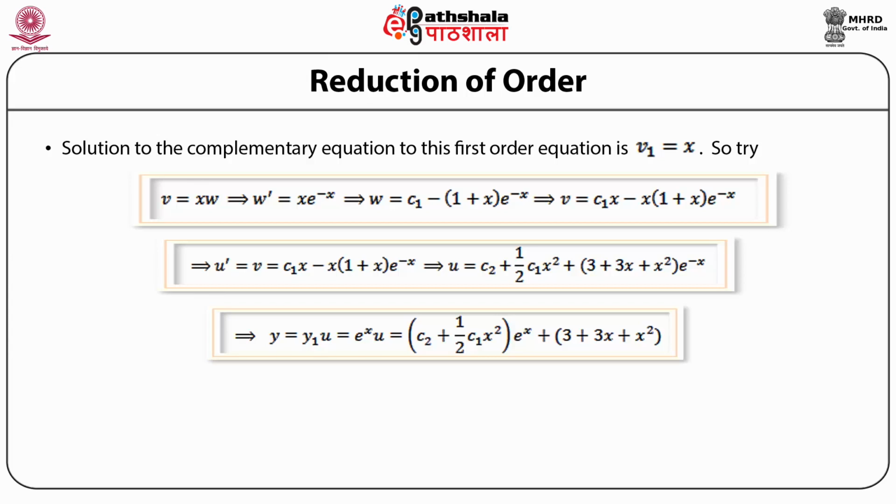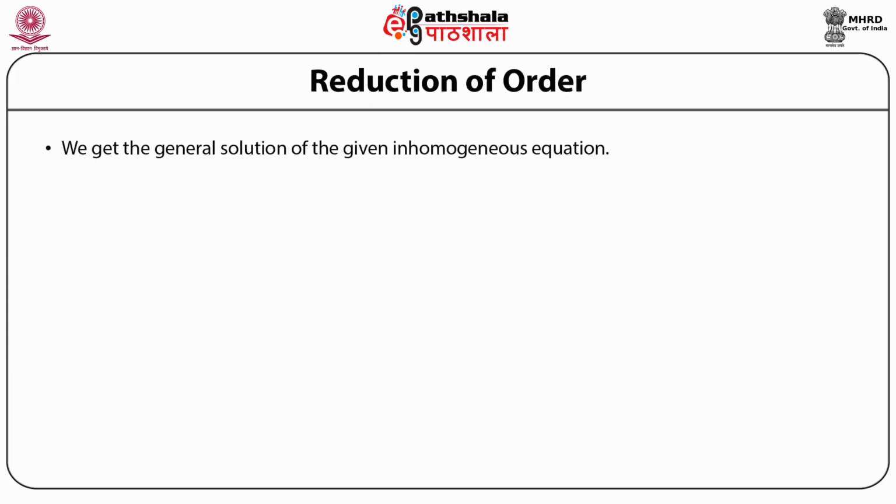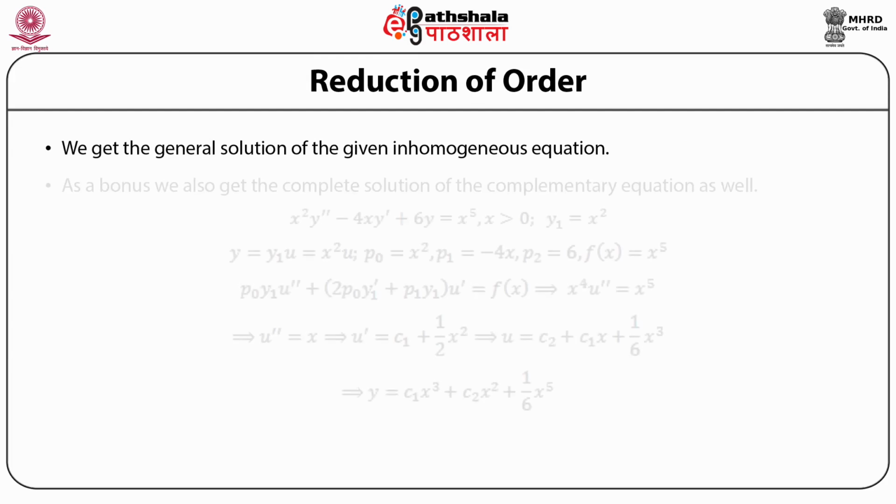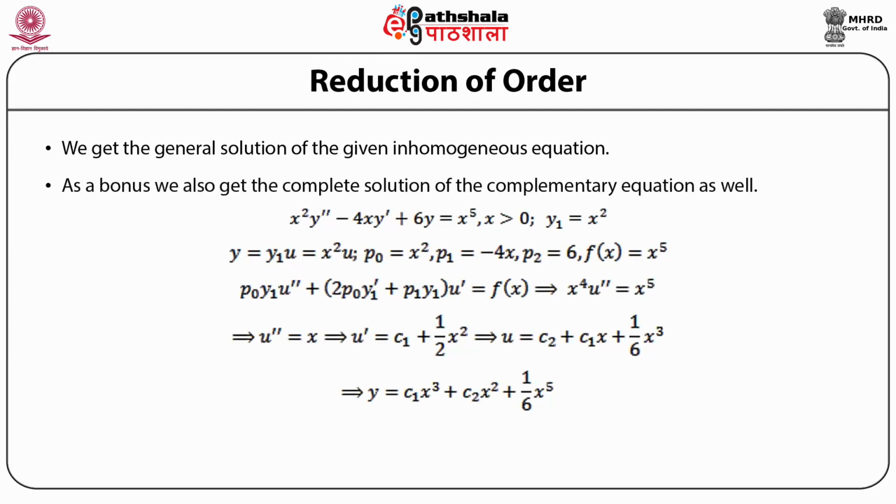This is the general solution of the given inhomogeneous equation. As a bonus, we have got the complete solution of the complementary equation as well as the general solution of the given inhomogeneous equation. Now we will consider another example.